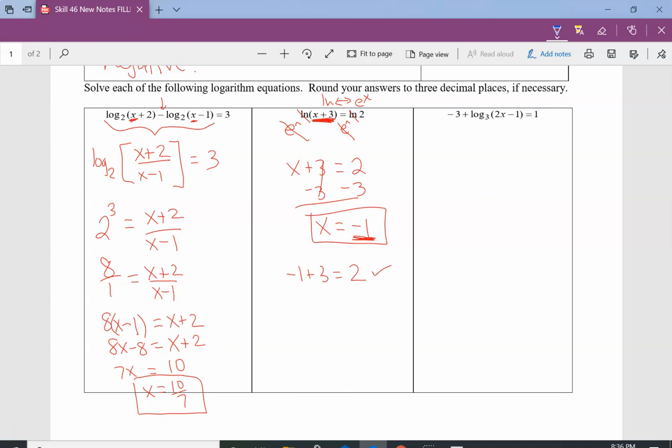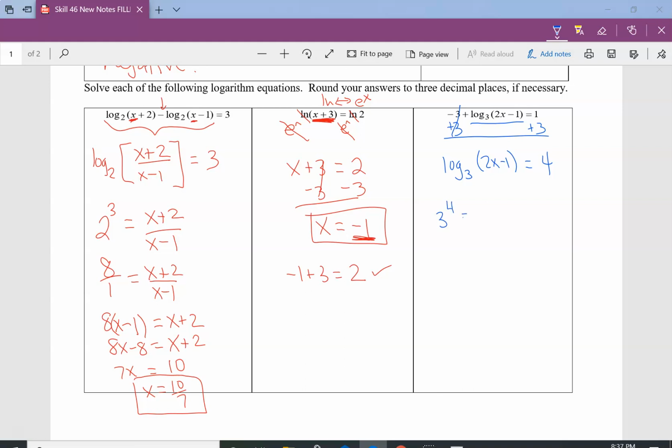On the next one, I need to get this log by itself. However, I don't have to condense any logs because this is just a -3. So we're just going to add 3 to both sides. And that gives me log base 3 of 2x minus 1 equals 4. And since I don't have a log on both sides of the equation, I rewrite this as exponential.